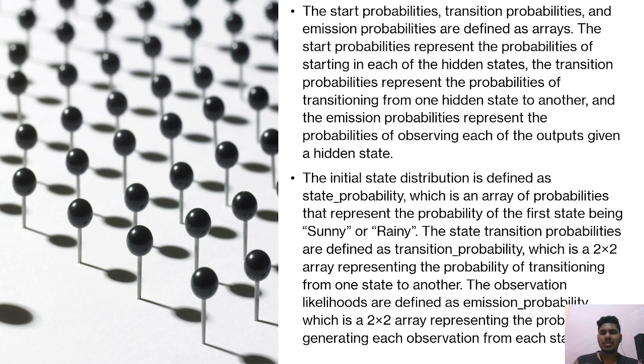The initial state distribution is defined as the state probability, which is an array of probabilities that represent the probability of the first state being sunny or rainy. The state transition probability is defined as the transition probability, which is a 2 cross 2 array, a 2D array representing the probability of transitioning from one state to another state. The observation likelihoods are defined as the emission probability, which is again a 2D array representing the probabilities of generating each observation from each state.